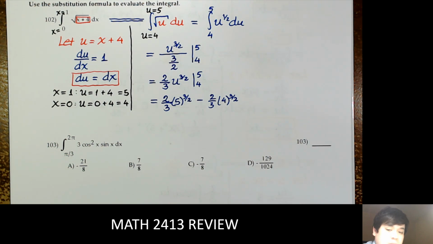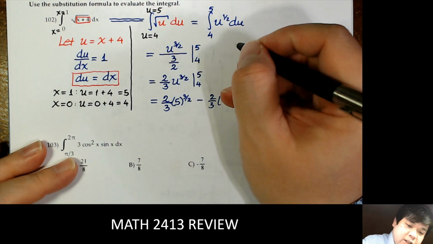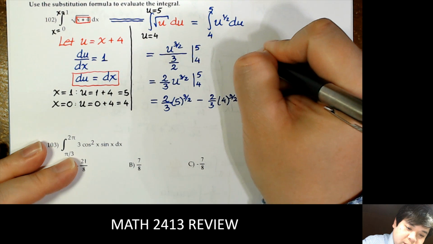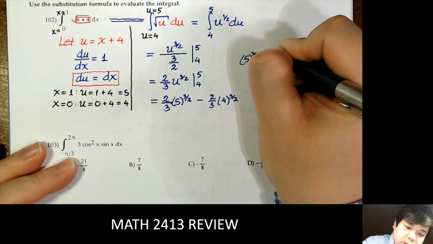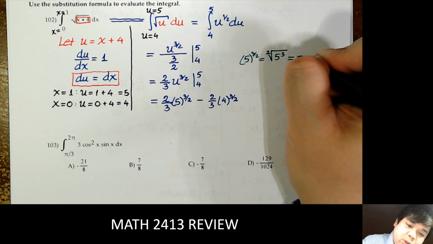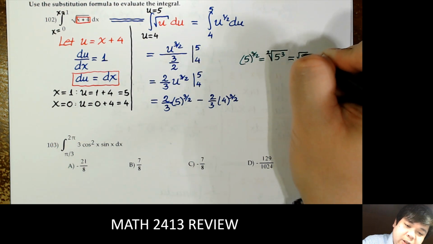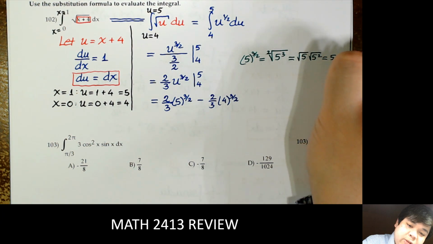But if we want to go a step further, here is what we can do. I'm just going to write that here. 5 to the 3/2 is like square root of 5 cubed, which is square root of 5 and square root of 5 squared, or 5 square root of 5.